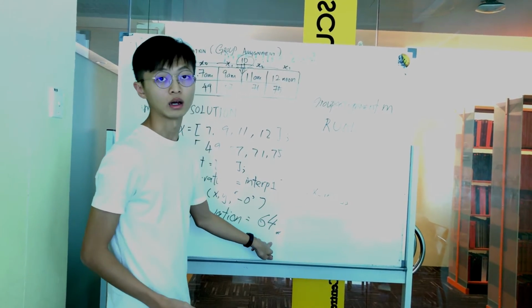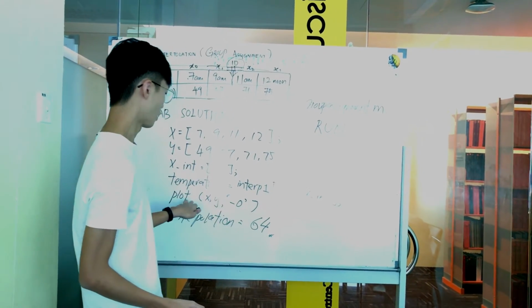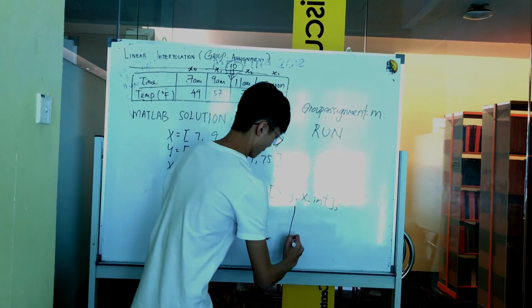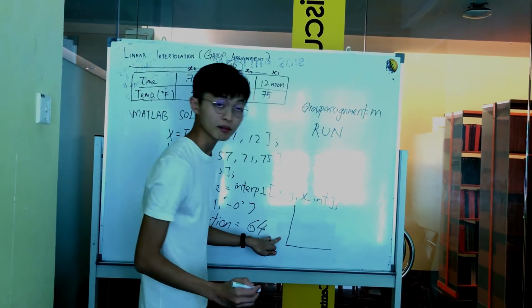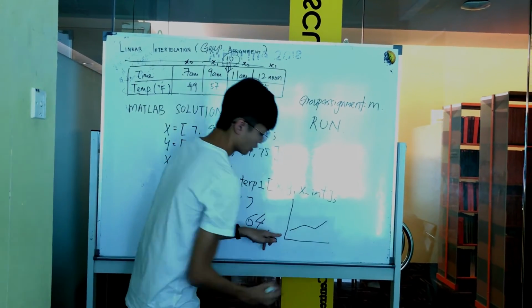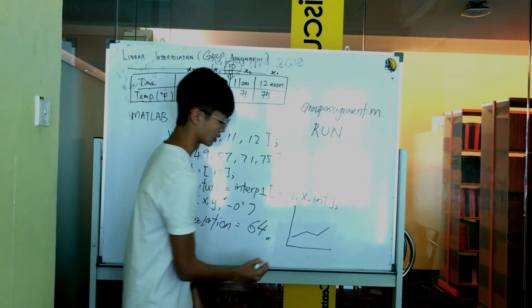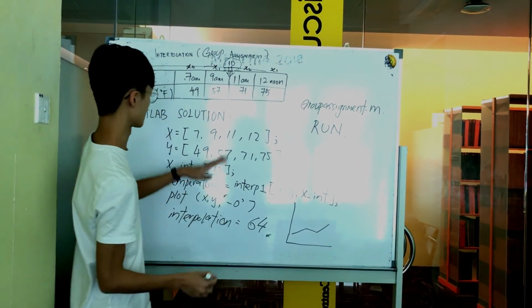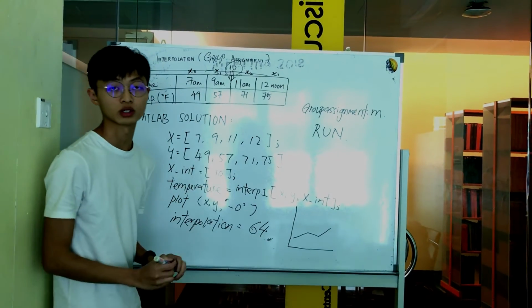But now I will show you the sketch graph. In Matlab, later we will get a graph like this one. We assume this is the linear interpolation in our Matlab, because this is a linear interpolation solution.